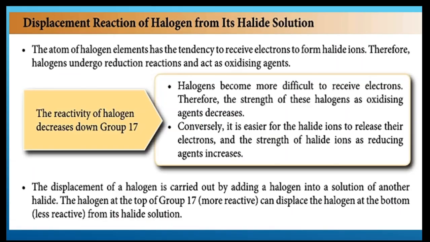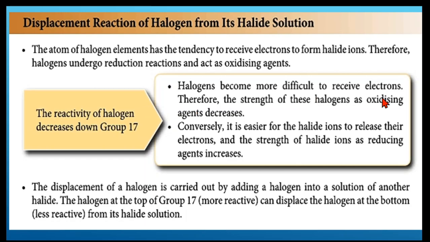Okay, kita tengok di sini. Di sini kita tahu bahawa halogen group 17 itu dia lebih elektronegatif kan? Dia lebih cenderung untuk receive elektron. Okay, menuruni kumpulan group 17 lah. Down group 17, halogen punya reactivity decreases. Betul kan? Sebab size dia membesar. Bila size dia membesar, dia jadi lebih susah untuk dia receive itu elektron.